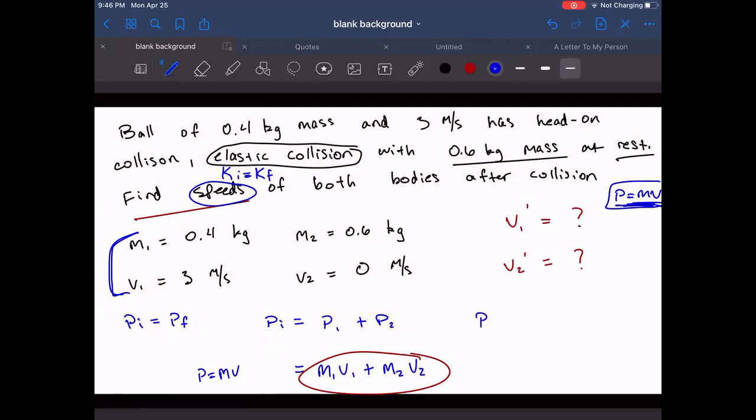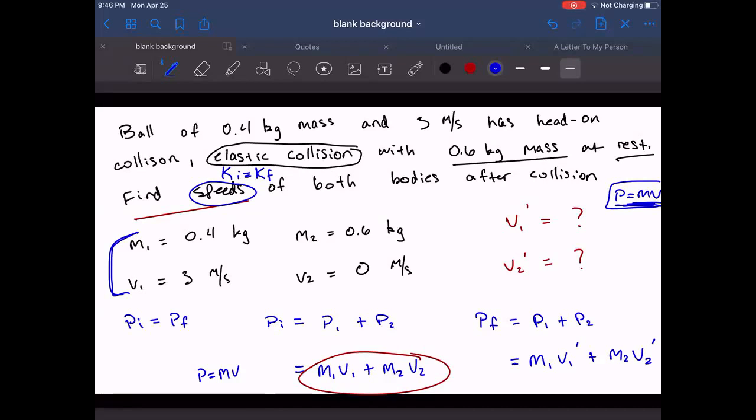What's this one then? Well, it's still this, but it's a little different now because it's after the collision. So it's a final velocity. M1 V1 primed to denote final. Sometimes you might see I and then another subscript I, but we're not using that. But it's just the individual momenta added together. Wait, what is the V1 primed?